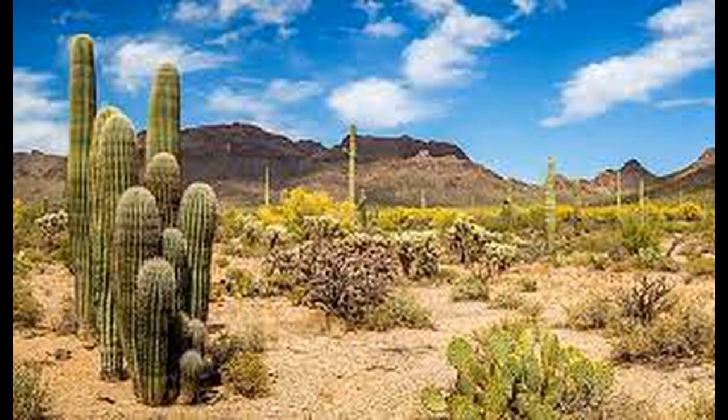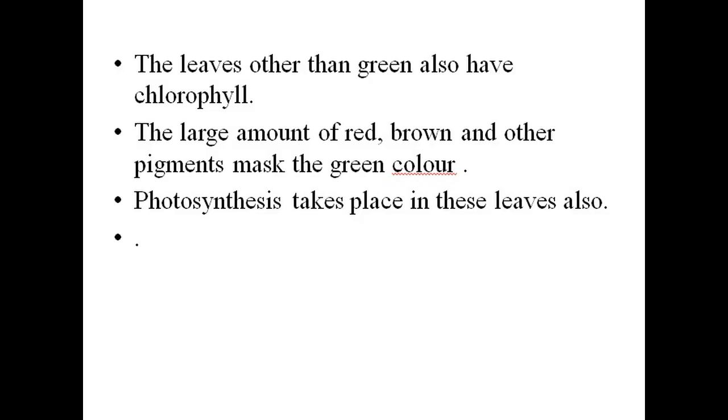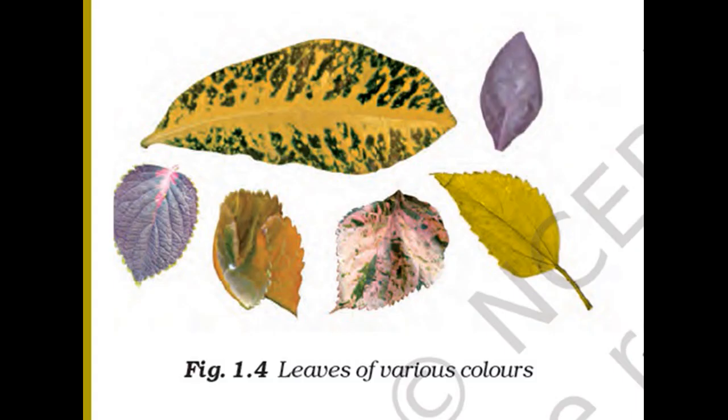The leaves other than green also have chlorophyll. A large amount of red, brown and other pigments mask the green color. Photosynthesis takes place in these leaves also.